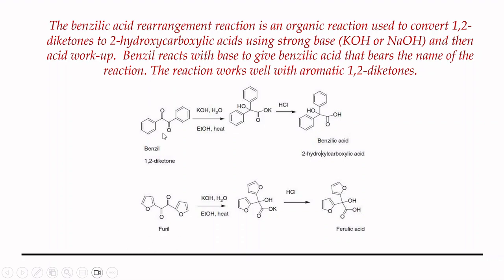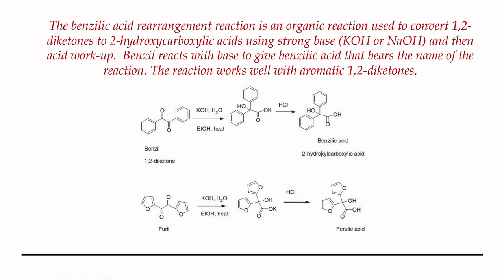So these diketones are converted to a 2-hydroxycarboxylic acid using a base like KOH or NaOH, and the resulting intermediate is subjected to an acid workup. So in this case, benzil reacts to give this 2-hydroxycarboxylic acid, which is called benzilic acid.